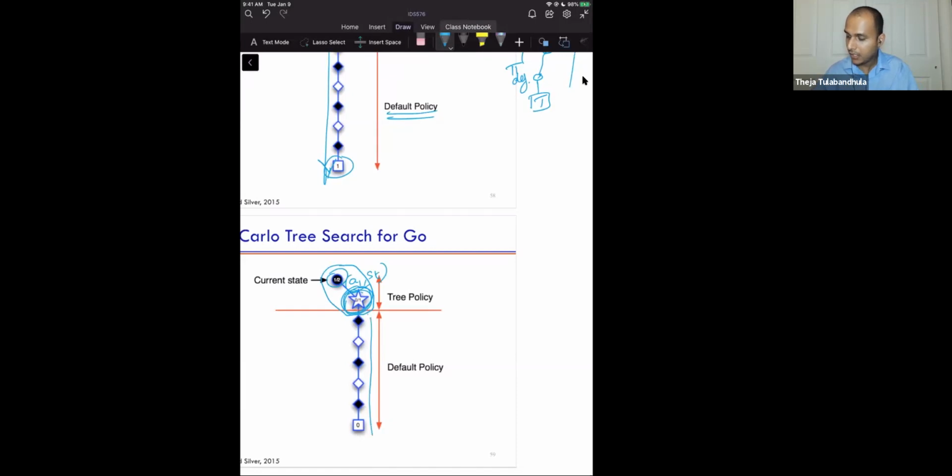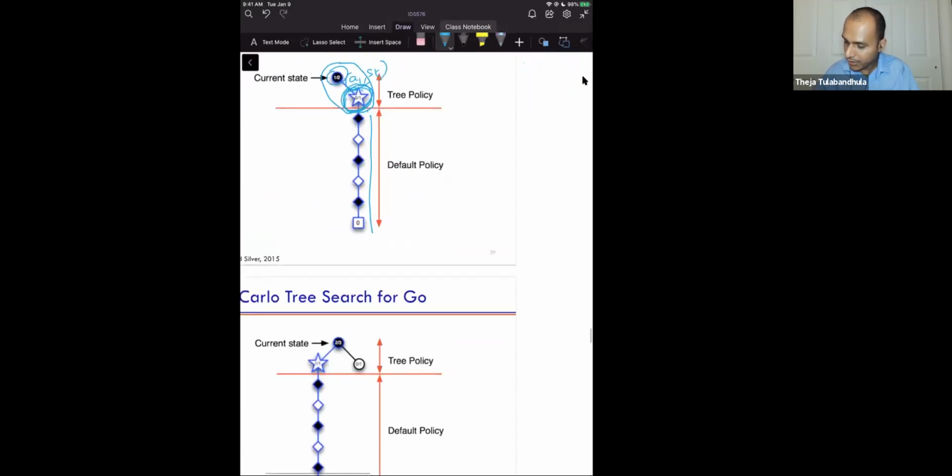Now, similarly, you take action 2 in the starting state, which is the second action. Include that in the partition that involves tree policy, and take the default action elsewhere.